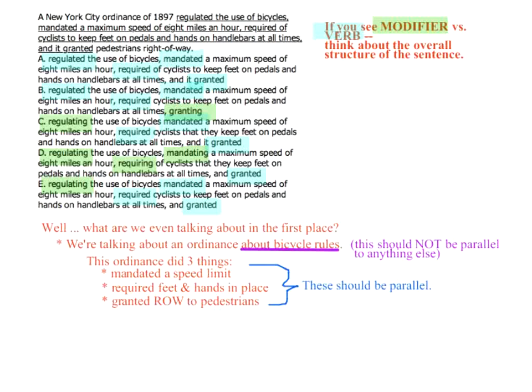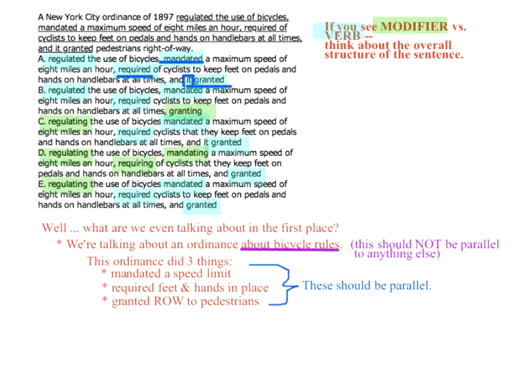If you realize that, then you're already down to C and E, because those are the only ones that have these 3 items in parallel, and properly so. If you look at the rest of the choices, mandated, required, and it granted, the it here is the spoiler.